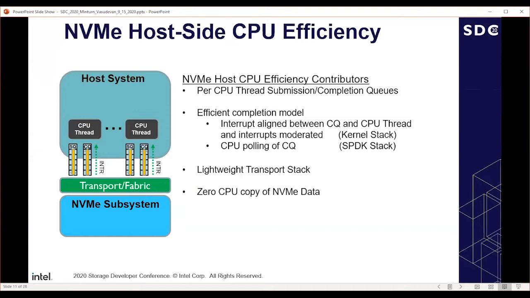Some of the contributors have to do with having per CPU thread submission and completion queues to avoid any kind of contention or interaction between the CPU threads. Essentially, the submissions for I/O are done on the same CPU thread as the completions come back on. That's a common theme across all the transports of NVMe.